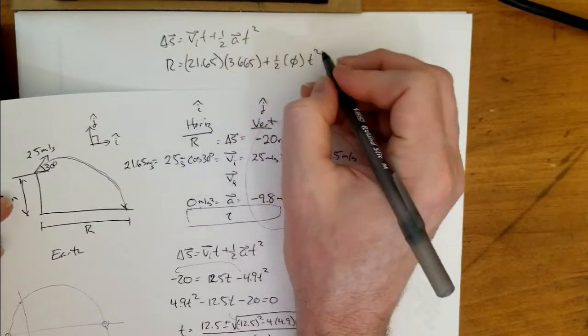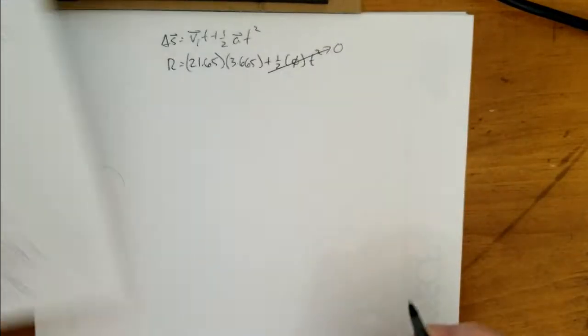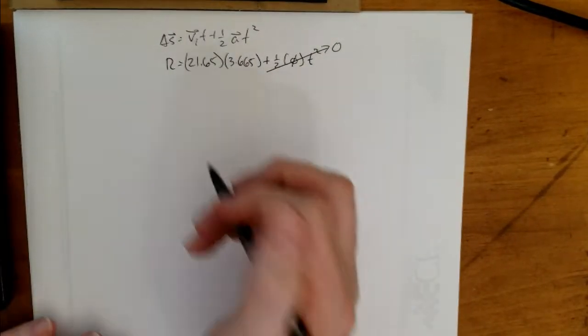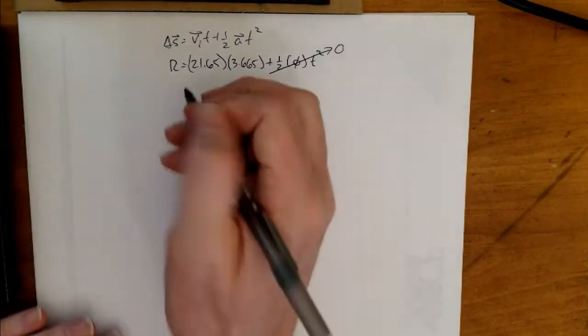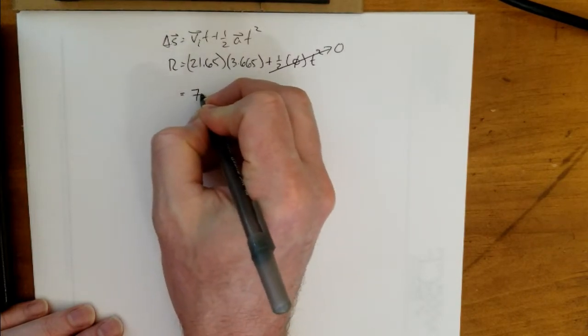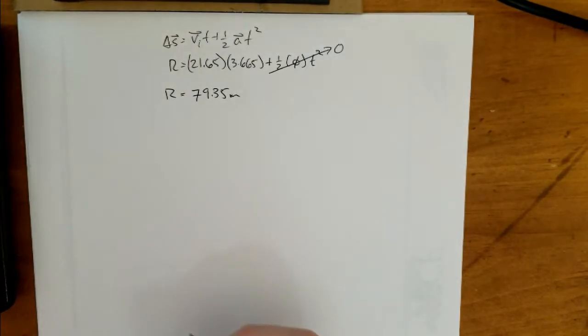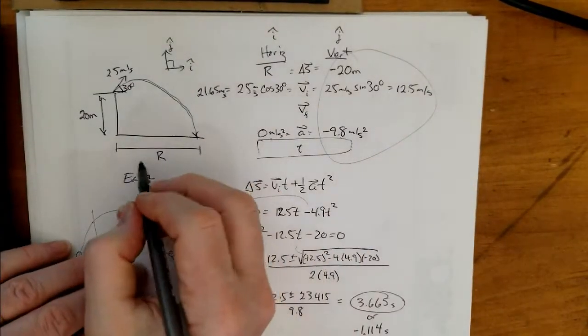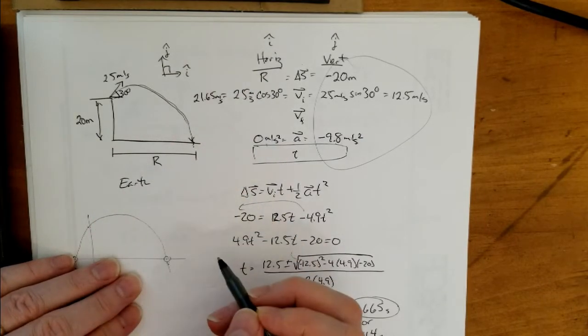So obviously, yes, there's a value for time, but that whole thing is going to be 0. And it just comes down to distance equals rate times time. So 21.65 times 3.665, and I get 79.35 meters. That is the range. It's going to fall just over 79 meters away from the base of the cliff.